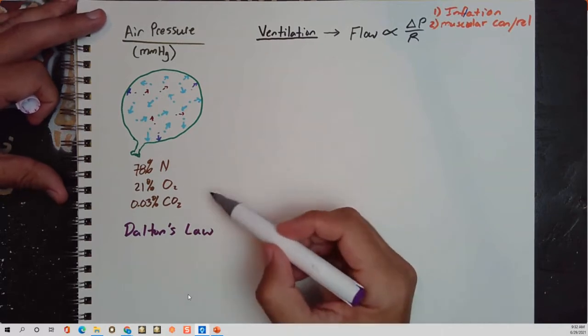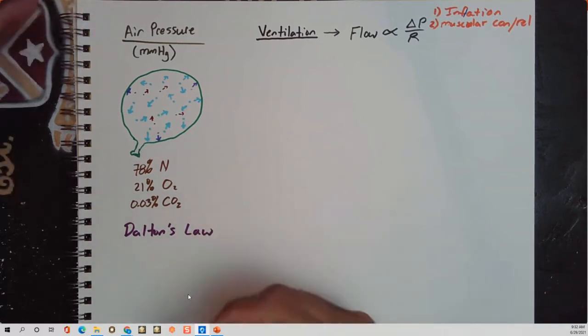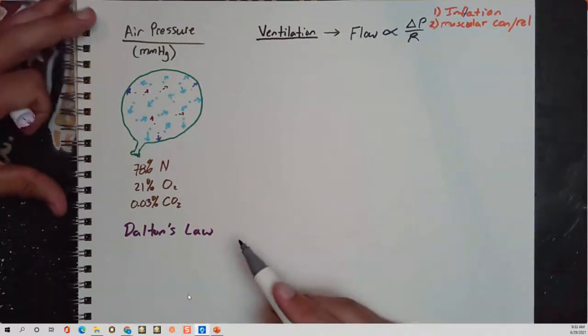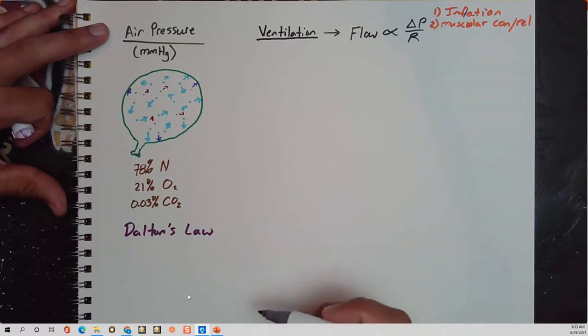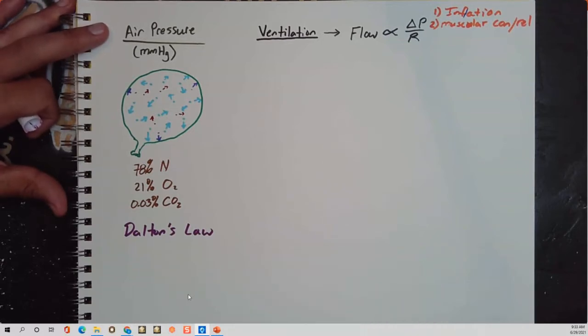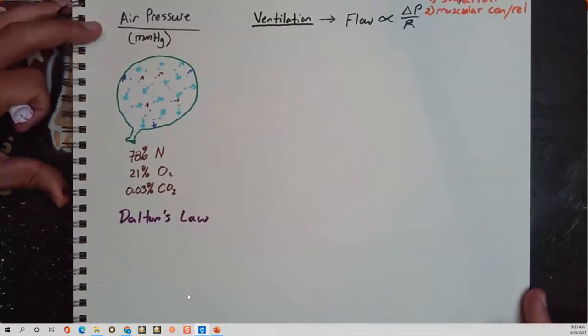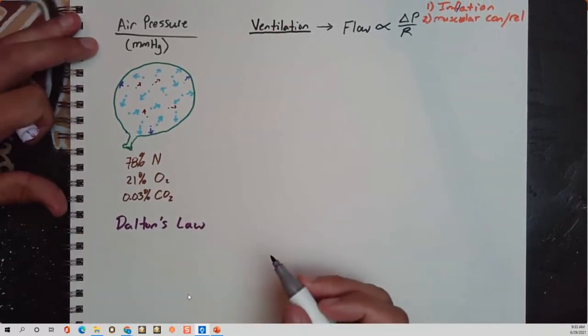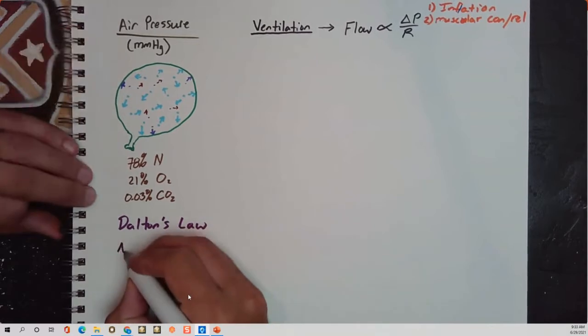He was one of the first originators of the studies behind the composition of air. He also went down to sea level. He took a barometer with him and he measured the total pressure in the air around him, the total pressure in the atmosphere. And he called this atmospheric pressure.